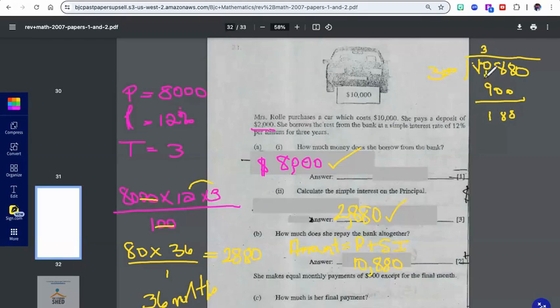Okay. 3 goes into 188 how many times? Anyone? 3 goes into 188 how many times?